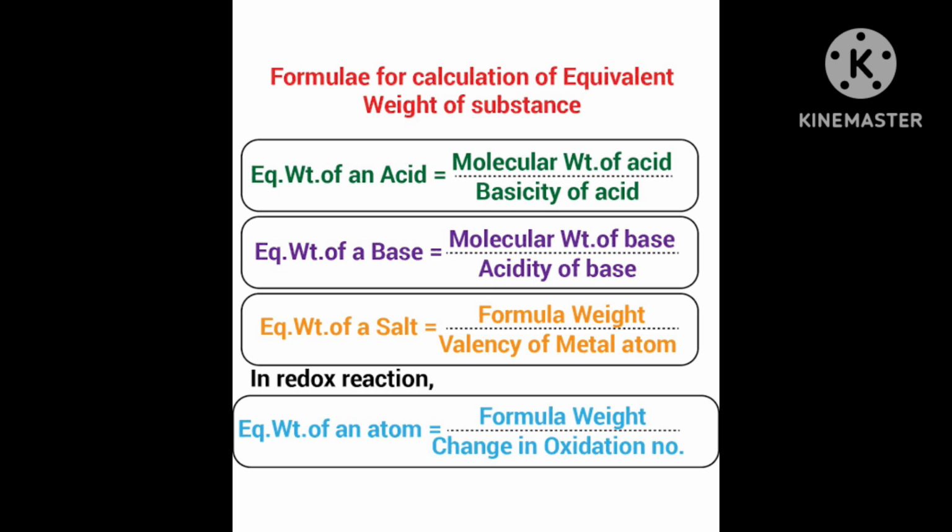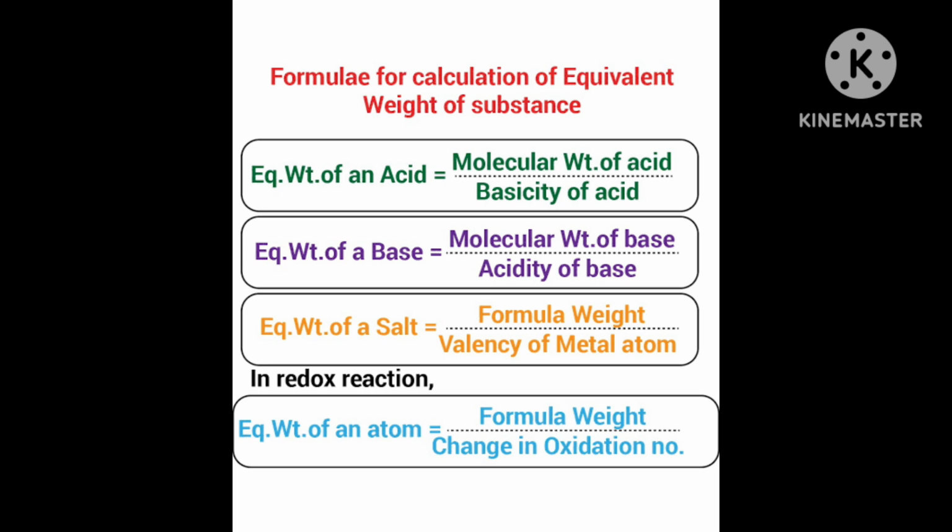Correct? Third, the weight of the substance which can react with 35.5 parts by weight chlorine, that weight or mass is called equivalent mass, because that substance can react with either hydrogen or oxygen or chlorine. There is a possibility that it will react with at least any one.